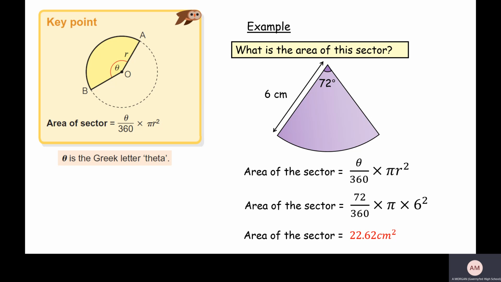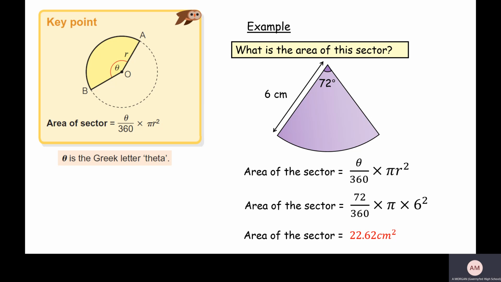And the r is the radius, so we can replace that with a 6. So if I just replace those letters with numbers, I've got 72 over 360 times pi times 6 squared. All that changed there was I changed the theta into 72, I changed the r into 6, and because I want to type it in my calculator, I put a times in there as well between the pi and the 6. So now it's ready to type in my calculator.